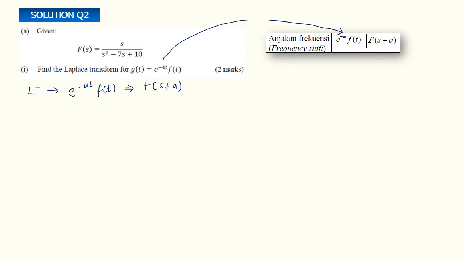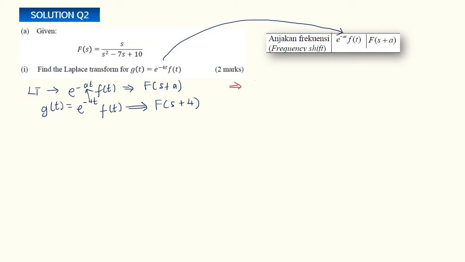In your case, g(t) is equal to e^(-4t) f(t), which produces F(s plus 4), since a here is 4. You already have the F(s) equation given to you.